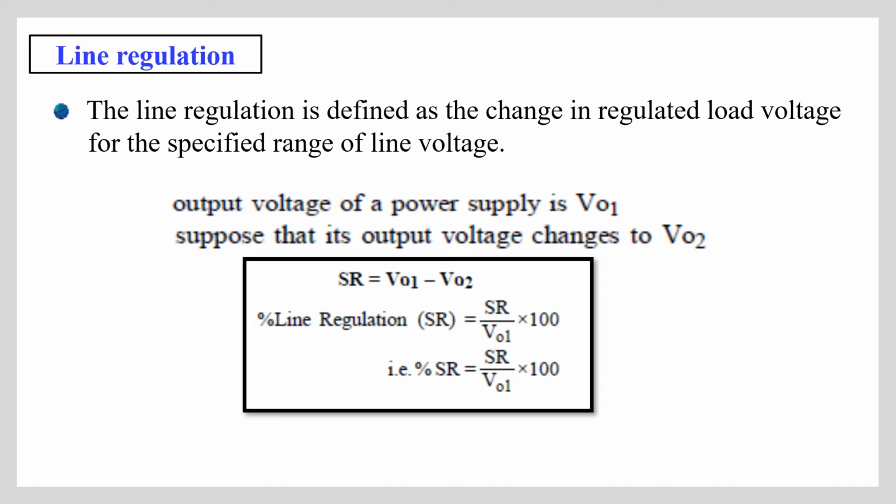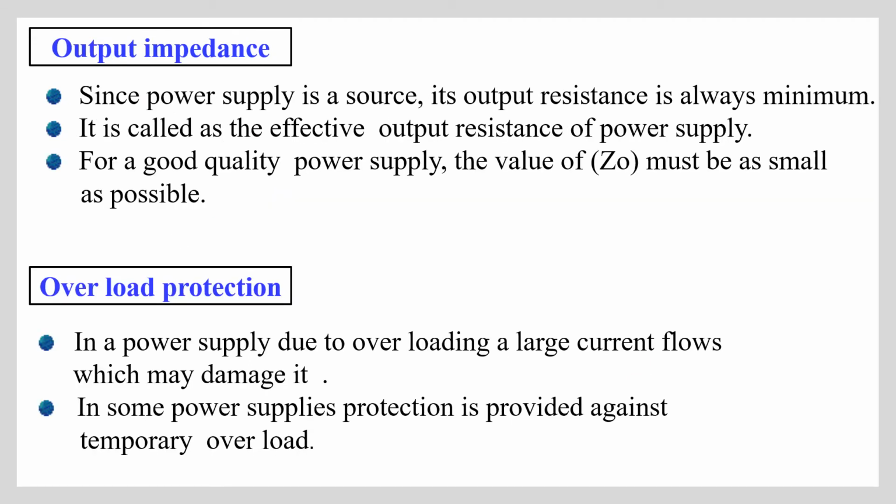Clear? The next characteristic of the power supply is output impedance. See, the power supply, its own impedance should be less, then only it can supply the voltage to the external load. Since the power supply is a source, its output resistance is always minimum for a good power supply.